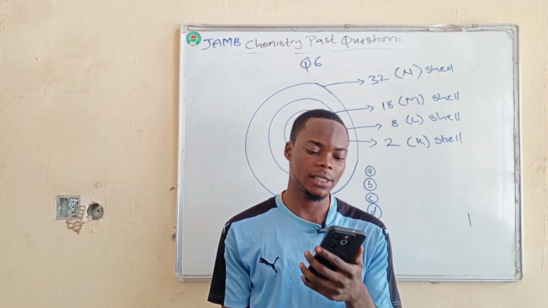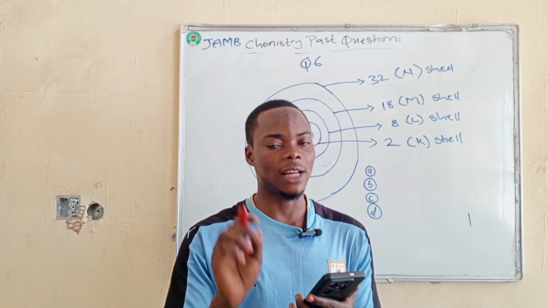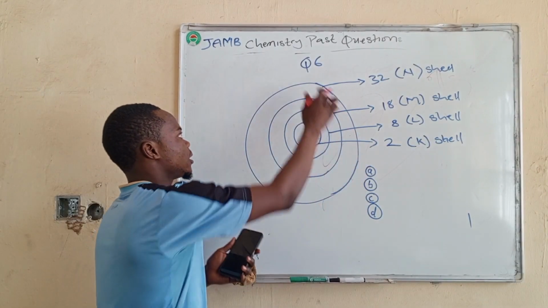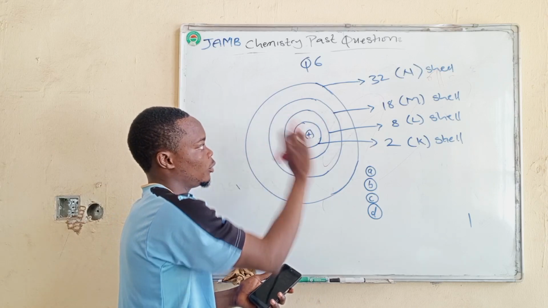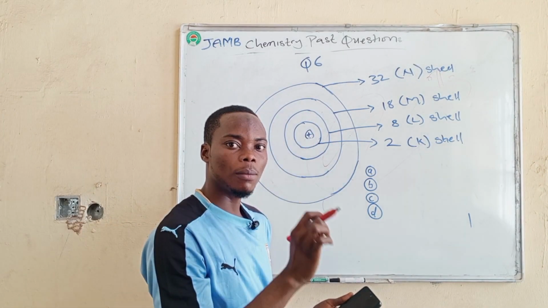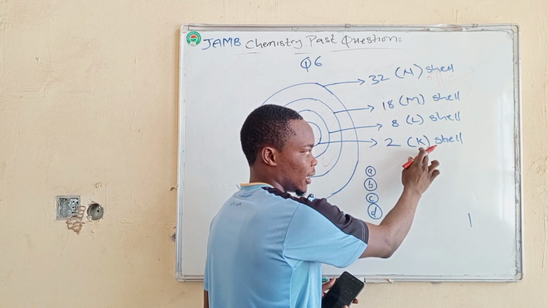Question number 6 here: the maximum number of electrons in the L shell of an atom is what? Look at this diagram. We call this the K shell of orbital. The first orbital can accommodate a maximum number of what? 2 electrons. That is the K shell.